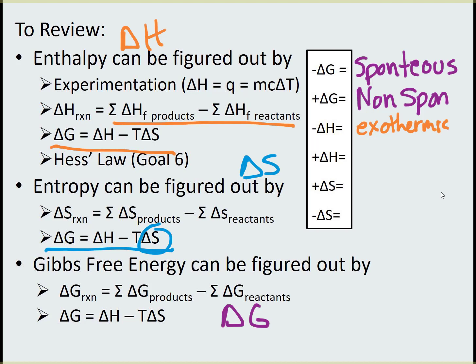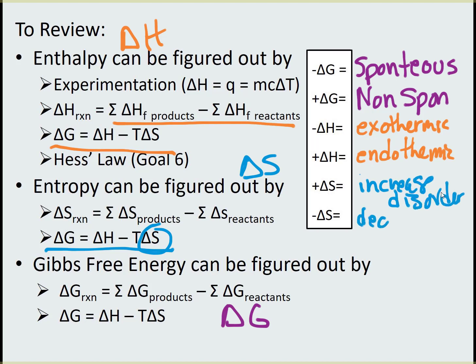What's a positive delta H? Then that is endothermic. And last but not least, we have a positive delta S. So this one is entropy, or it means an increase in disorder. And we have a negative delta S. This is a decrease in disorder.